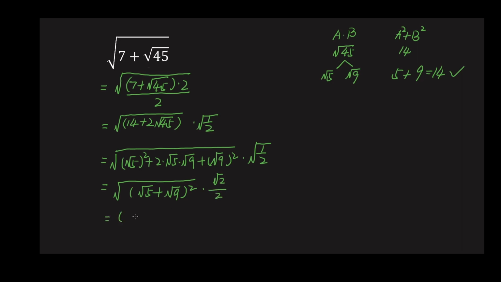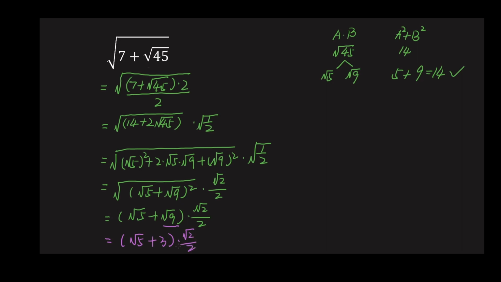That is (square root 5 plus square root 9) times square root 2 over 2. And we should notice this is not fully simplified, so the answer is (square root 5 plus 3) times square root 2 over 2.